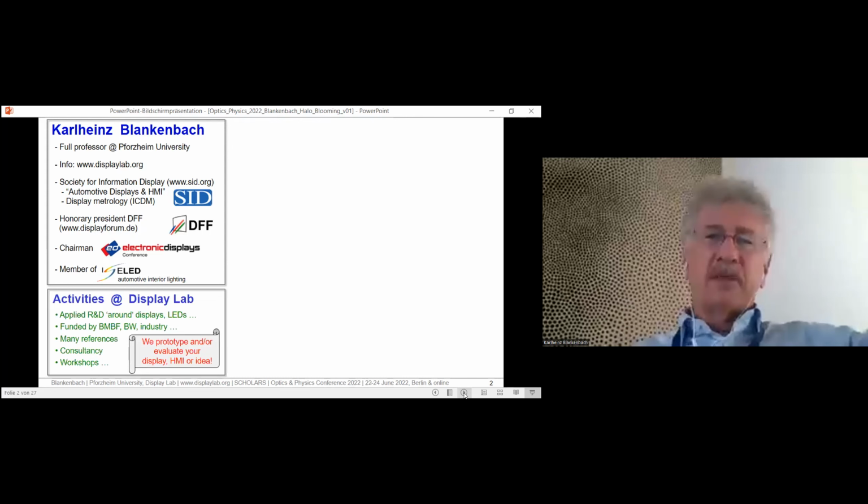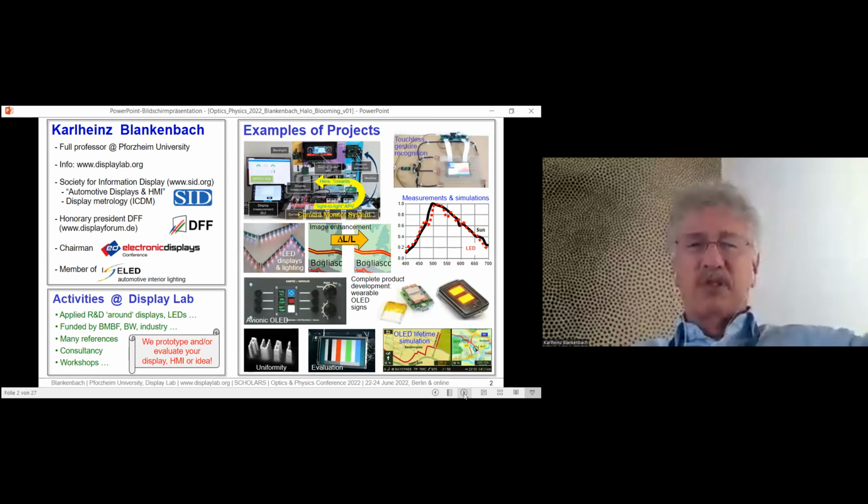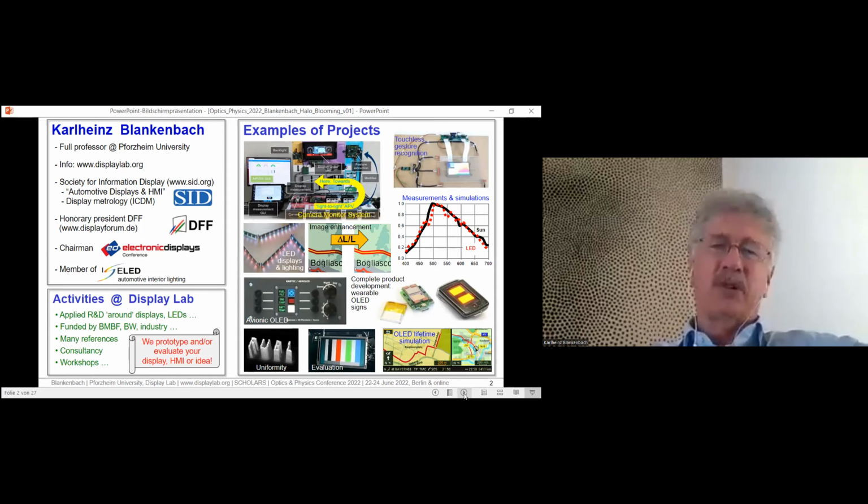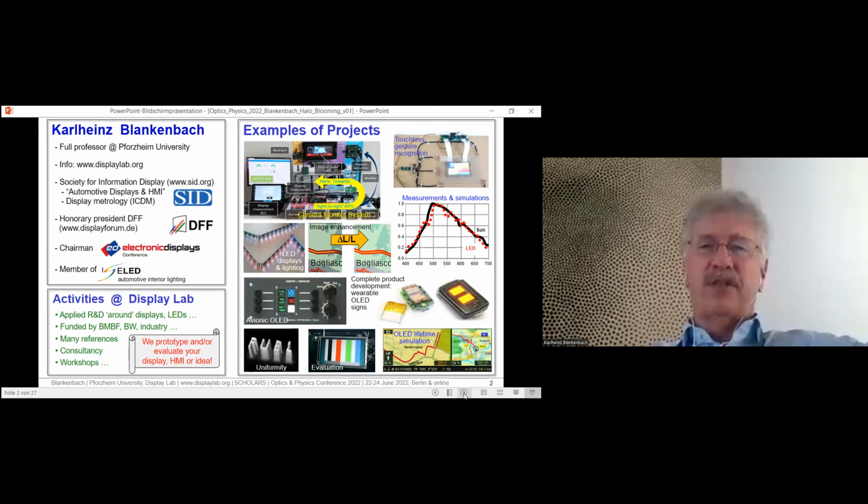At our display lab, we do not really make displays. Displays are a component for us. We measure, for instance, the optical output to the data interface, and build, in terms of prototyping, complete systems with displays, touch, gesture control, image processing software, etc.